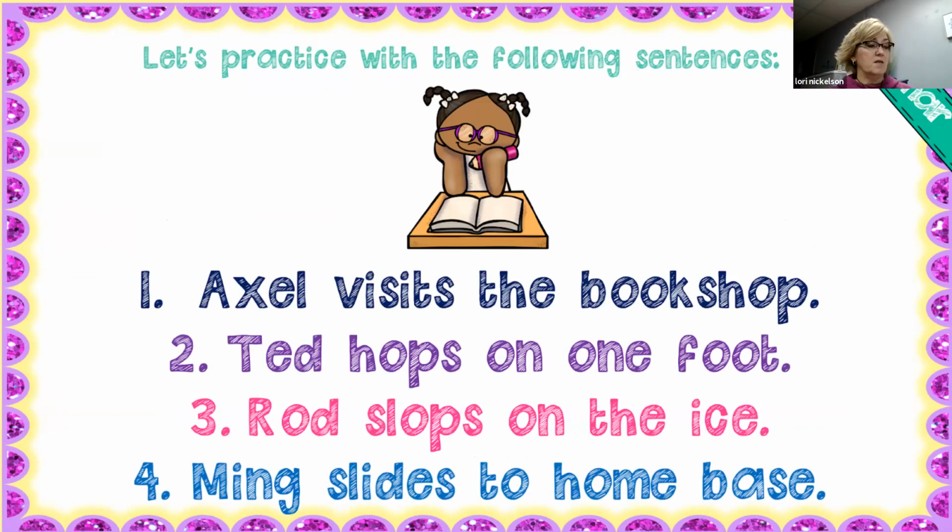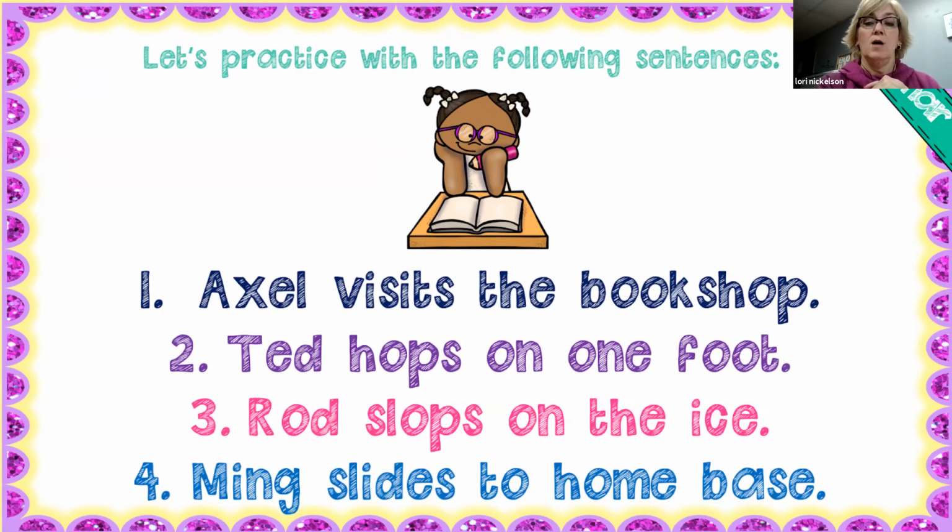Axel visits the bookshop. Okay, so who is the sentence about? It's about Axel. What does Axel do? He visits, doesn't he? Where does he visit? The bookshop. Okay, number 2.